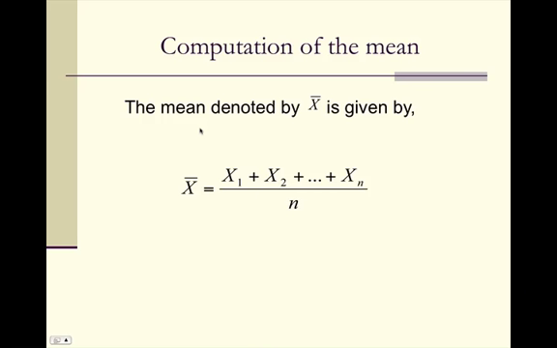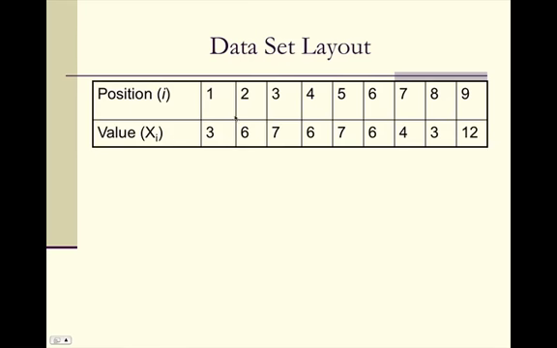The computation of the mean, this is kind of a confusing thing. X bar, which means the mean, or the x average, is equal to x sub 1 plus x sub 2 plus all the way up to x sub n. Now don't forget what these numbers 1, 2 are. 1, 2, 3, all the way up to x sub n.